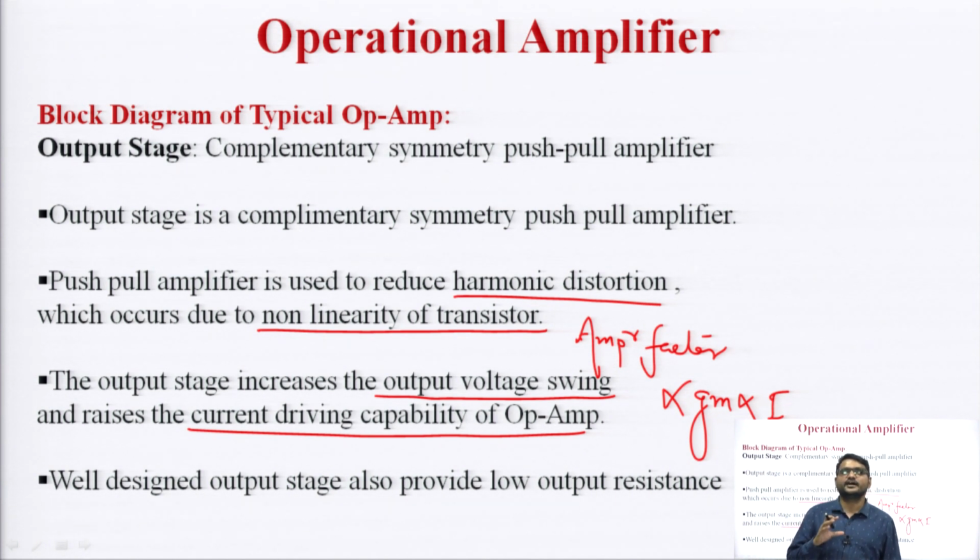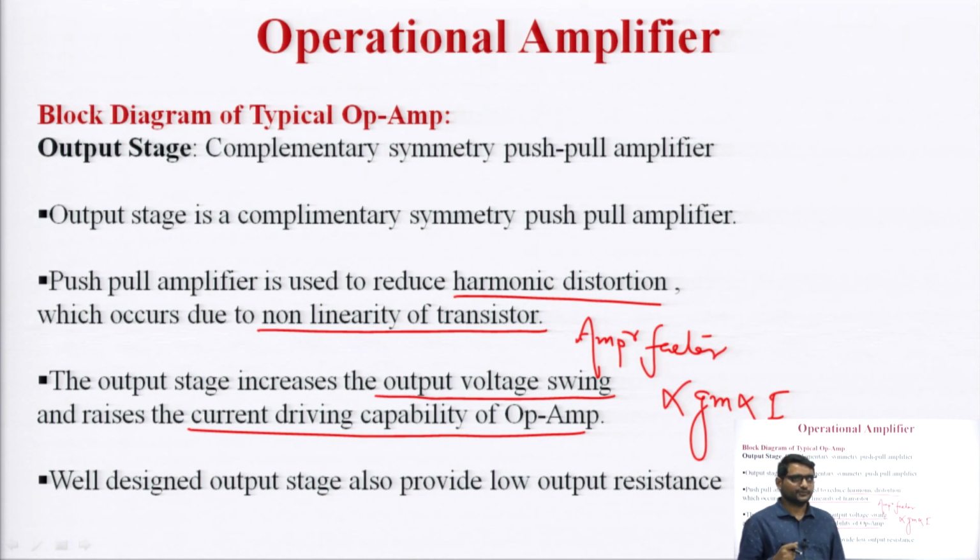One important thing is that the power amplifier provides low output impedance for an operational amplifier. If any device has low output impedance, it can also neglect the loading effect.